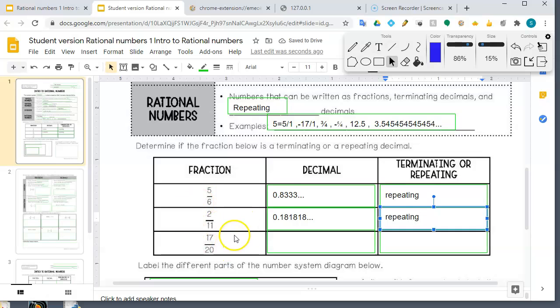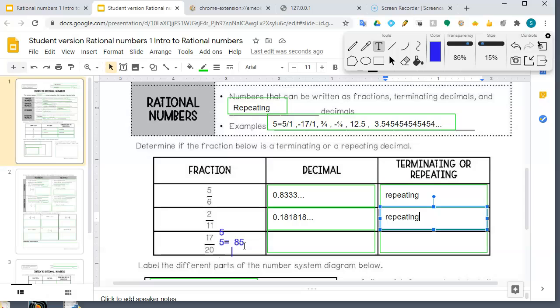Okay? Now, this other one, I'm going to take a slightly different approach. All right? I want this out of 100 because I know what the hundreds place is. So I can multiply the top and bottom by 5. Okay? And that's going to equal 85 over 100.